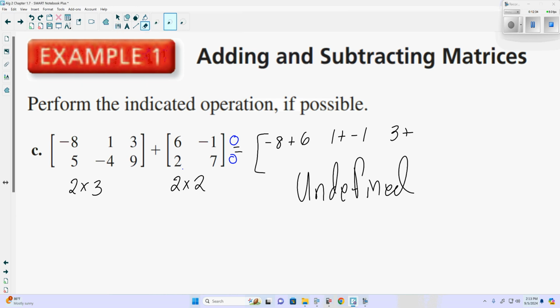Now, a nice way to spell undefined: UND, undefined. We can't do it because we do not have enough elements in that second matrix to be able to add. And if we added 2 there, we're not adding those 2 matrices. We're adding 2 different matrices. So if the dimensions are not the same, it is undefined.